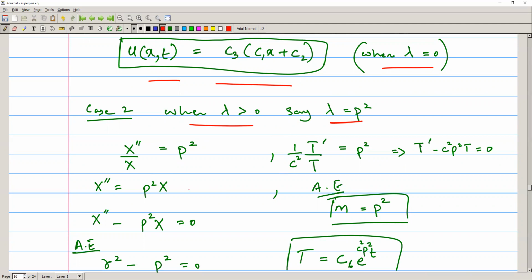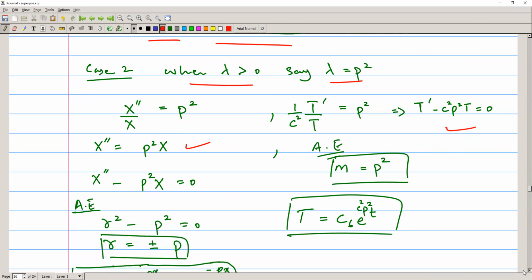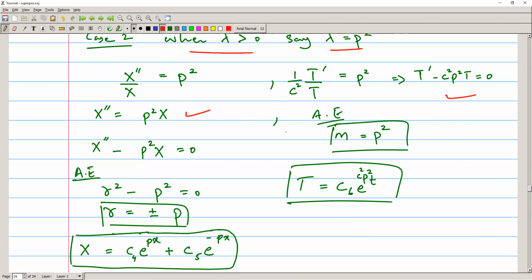And we will solve the ODE. Similarly, you can see this is a second order differential equation. This is a first order differential equation. In a similar manner, we can solve using the auxiliary equations. Here, the auxiliary equation will be r² - p² = 0. So r = ±p, two roots. That is, one root is p and the second root is negative p, right?